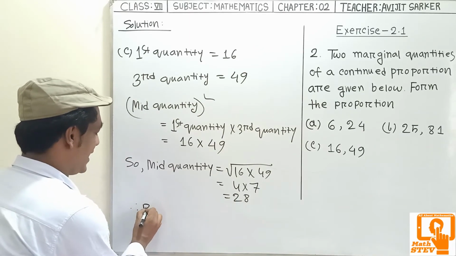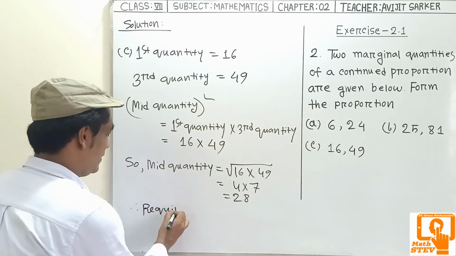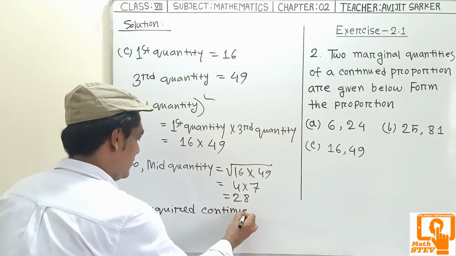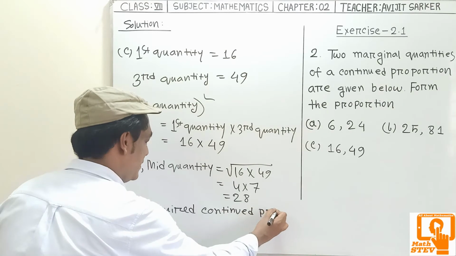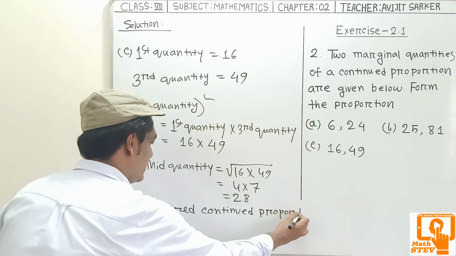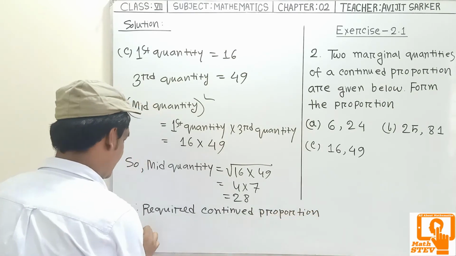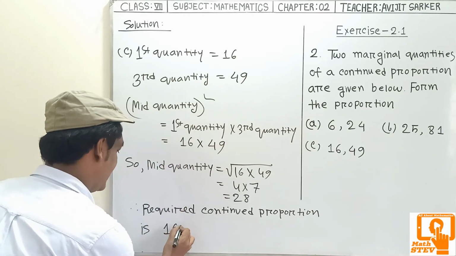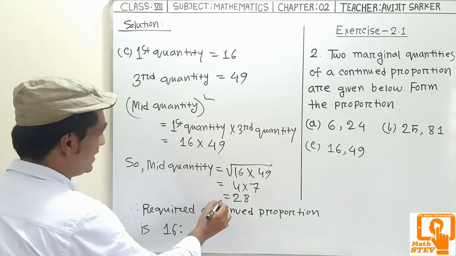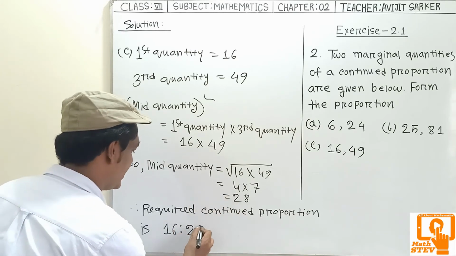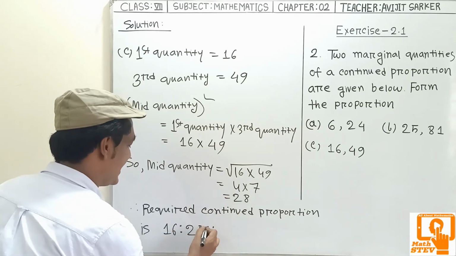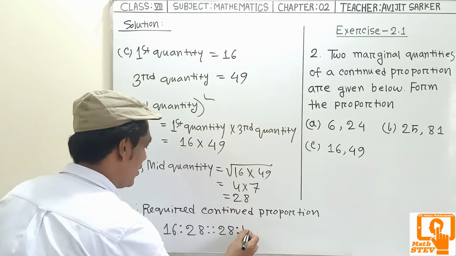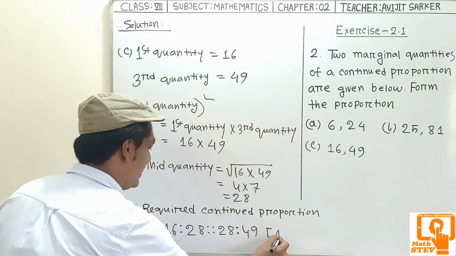Therefore the required continued proportion is first quantity 16 ratio second quantity, mid quantity, 28, proportion symbol, again second quantity 28, ratio third quantity 49. And this is the answer.